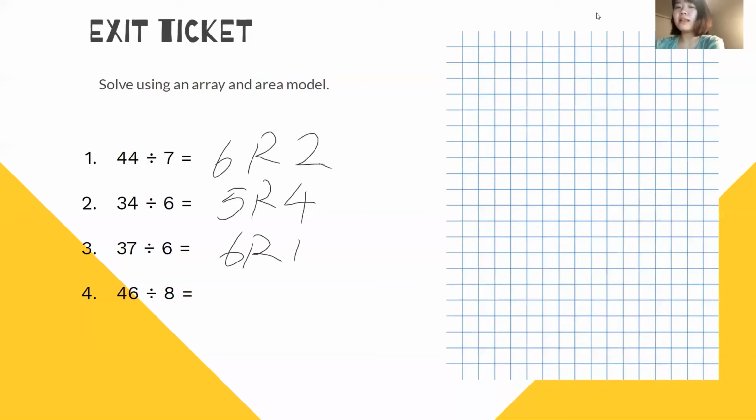Okay, and the last problem, 46 divided by 8. Okay, so 8 for each group, and let's see how many groups we can get.